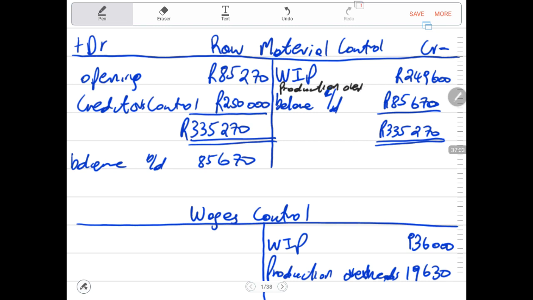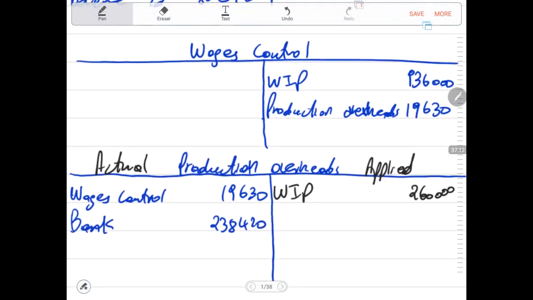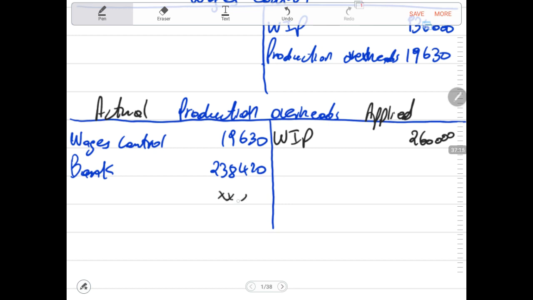So any indirect material or any indirect cost will go to the production overhead. So this amount will be recorded under our production overheads on the debit side, because these are actual manufacturing overheads. I don't want to forget that, because it is quite important, and you'll meet it in another question. More than 90% chance that you'll get that assessed.